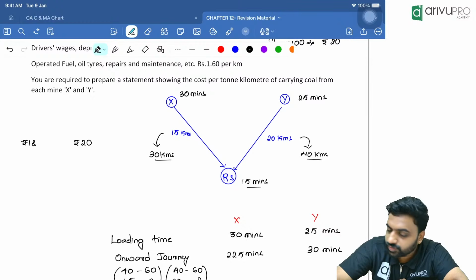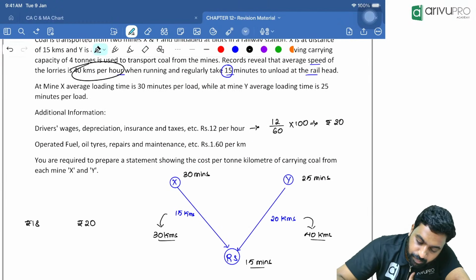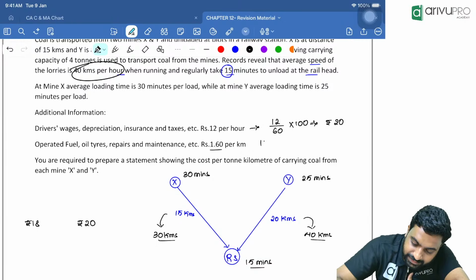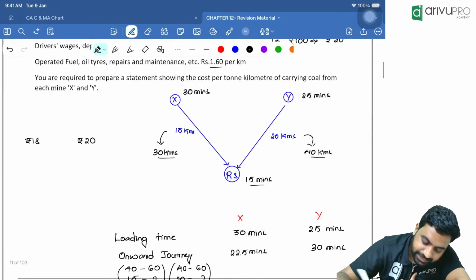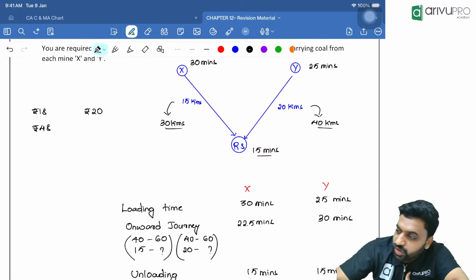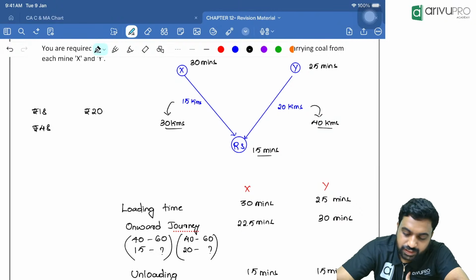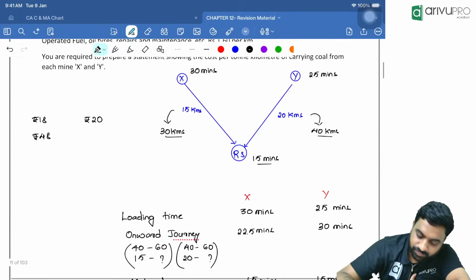Got it? Next, operating fuel, oil, etc., is 1.6 per kilometer. For X it is 30 kilometers into 1.6, which is 48. And for Y it is 40 kilometers, 20 plus 20, 40 kilometers into 1.6.